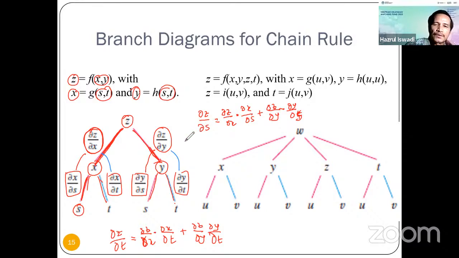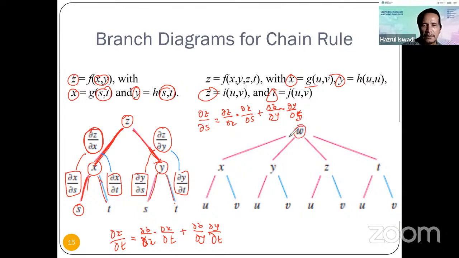We can extend the formula of the chain rule. For example, maybe w is a function of four variables, and each of the four variables depends on two variables u and v. So this is the branch diagram of the chain rule.